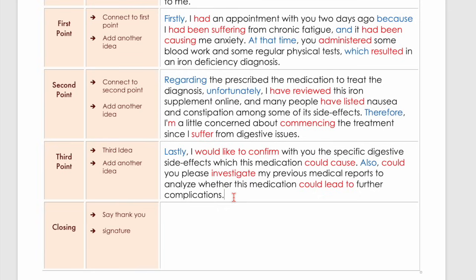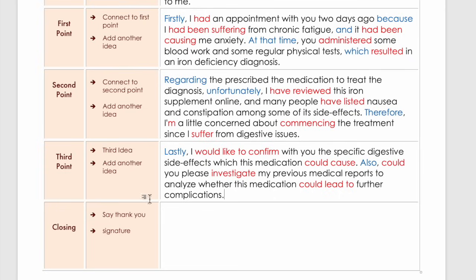So we're asking, could you check those and just let me know if this supplement or medication that you prescribed could lead to or cause further complications? Okay. All right, so there we said, I want to confirm about the side effects, and if it could lead to any further complications. Some medications could.